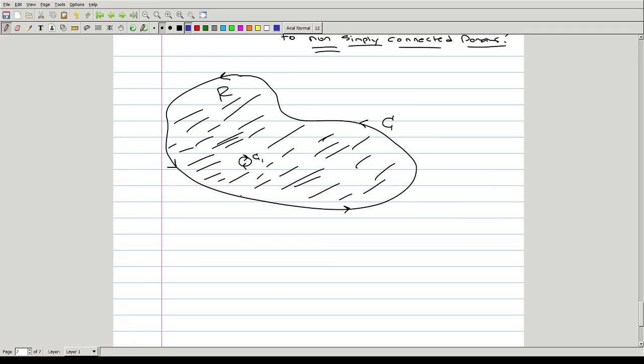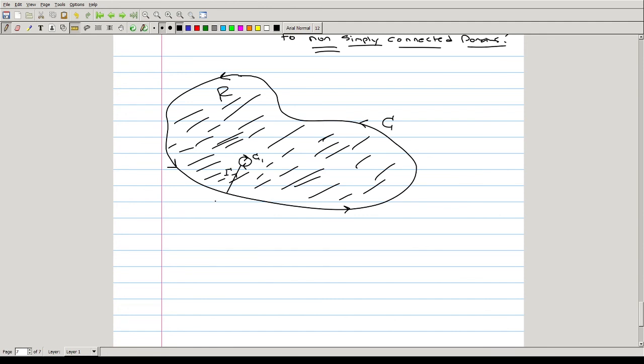I'm going to form a cut here. We'll form a cut right here, and we'll call this cut trace, in this direction, gamma.